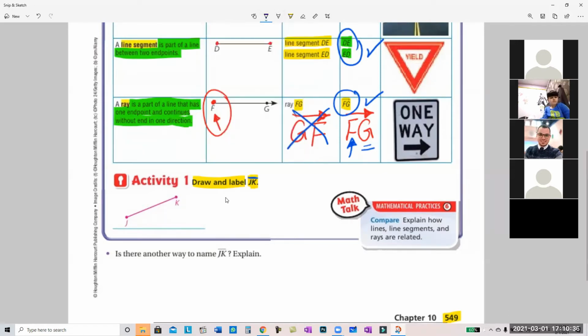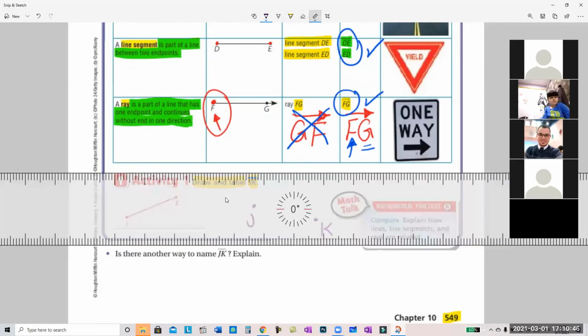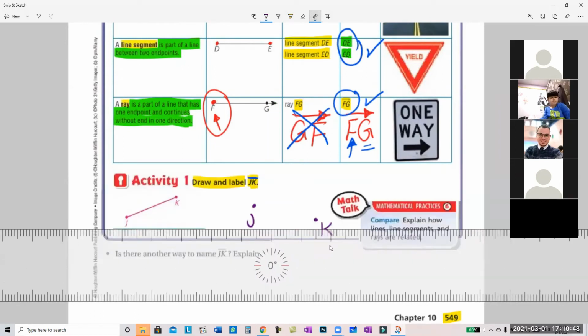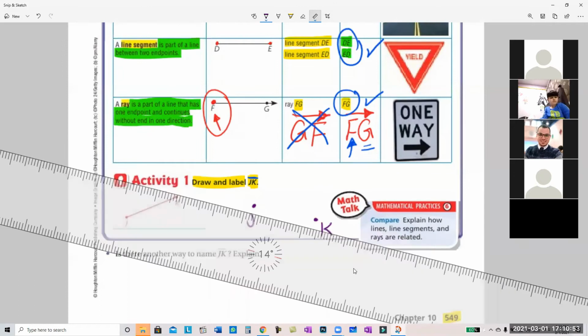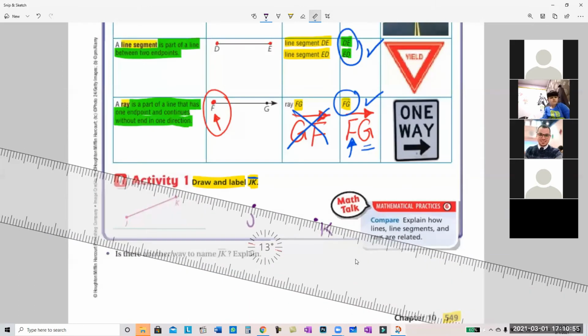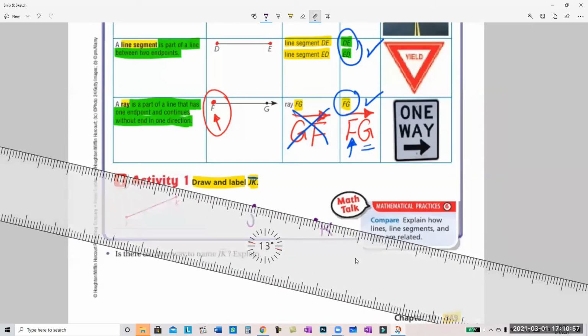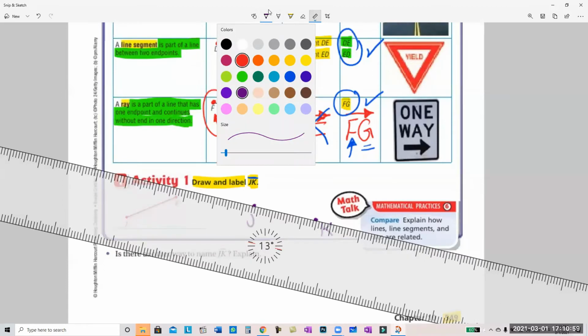Firstly, locate the 2 points that we have here. We have J and we have K, right? And then let's use the ruler here. Let's adjust your ruler to match between them, to join them together. So let's join them.